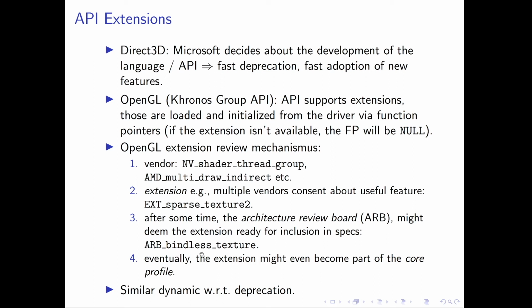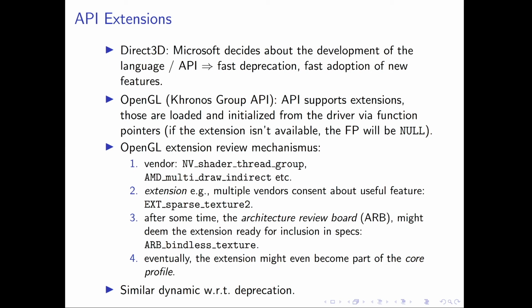And when it's in this state, that it's an ARB extension, then there are some chances that it will eventually even become part of the core profile. But you can already see that this is a very slow and a very sluggish process, compared to a process where not an industry consortium, but rather a single company, like for instance Microsoft, decides about the fate of the API.